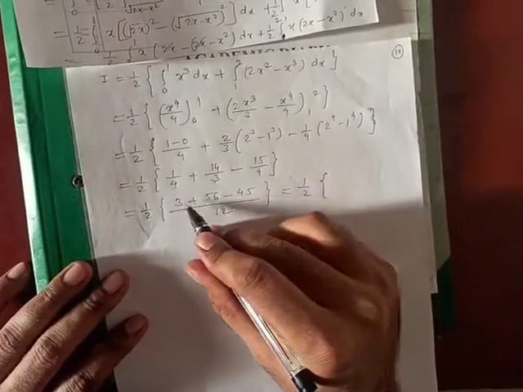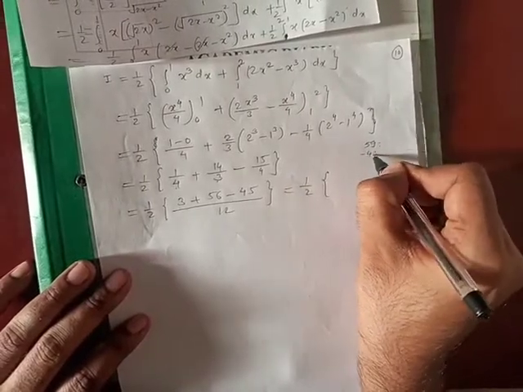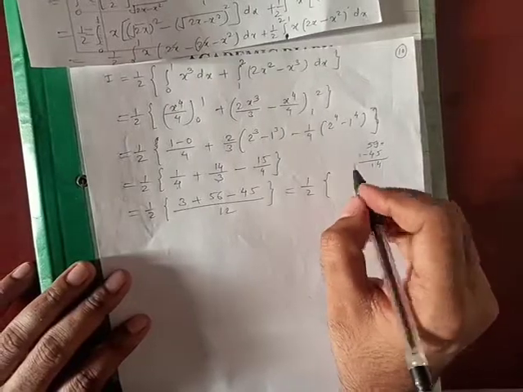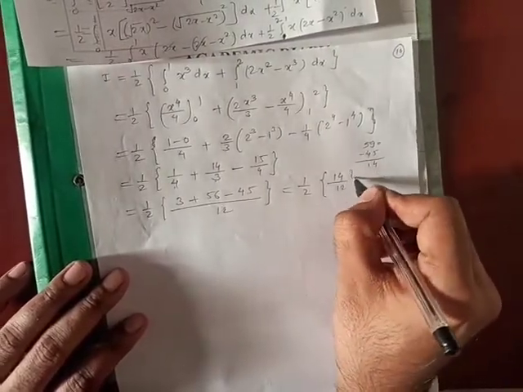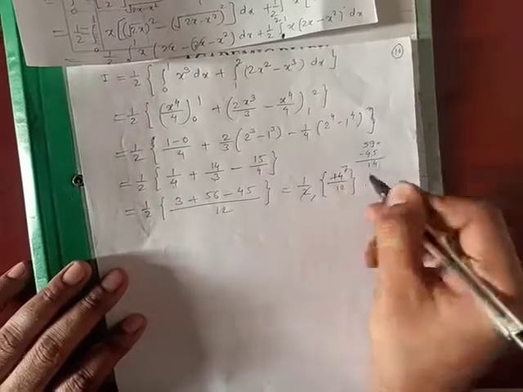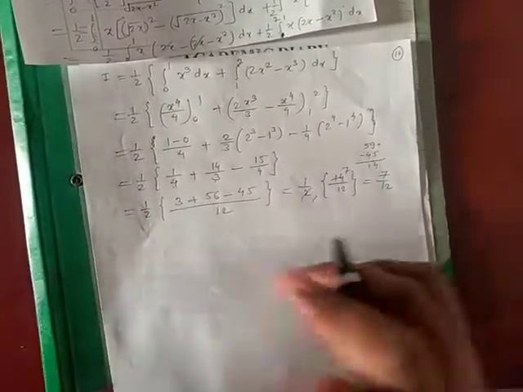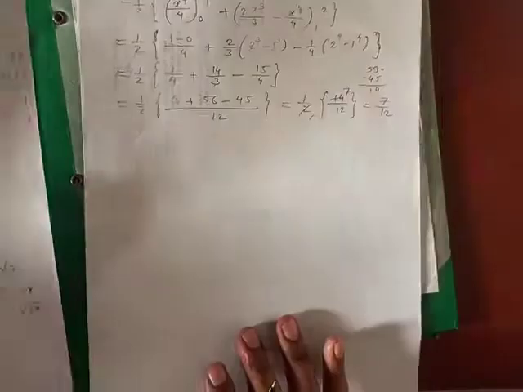This is what? 59 minus 45, that will be 14. So this will be 14/12. So the answer will be 7/12. 7/12 will be the answer for this whole region, right? This was asked in 2013 examination. I hope you understood. All right.